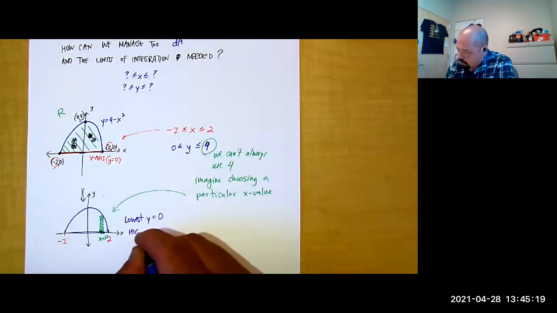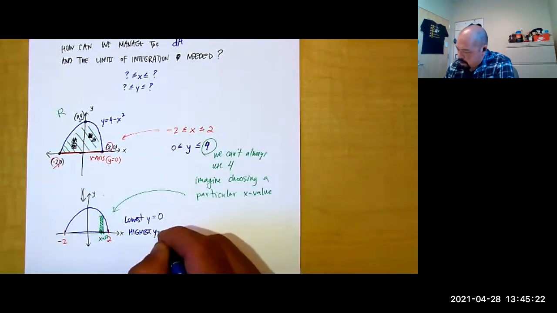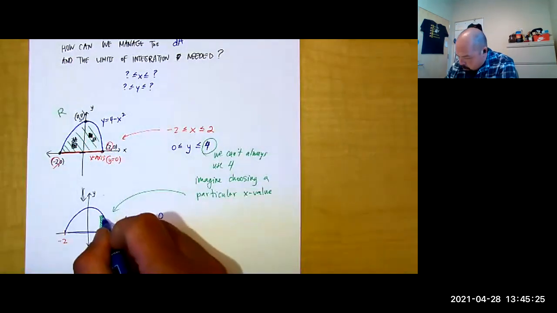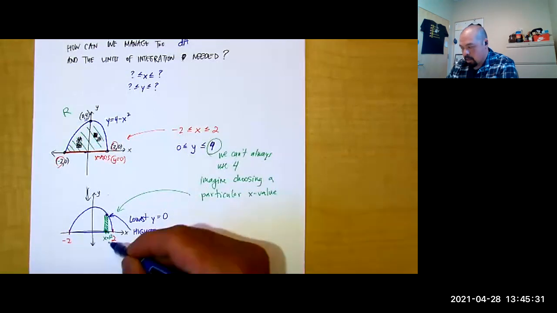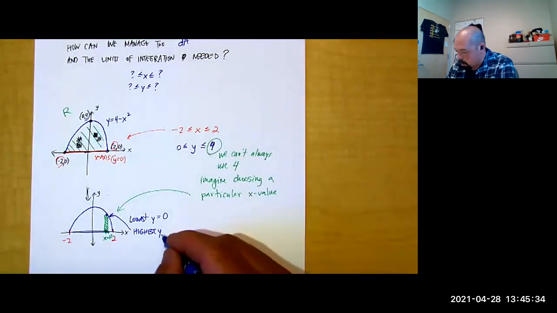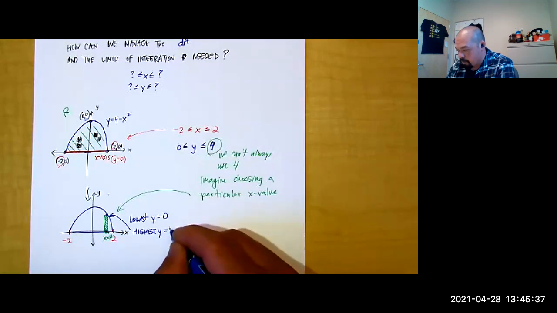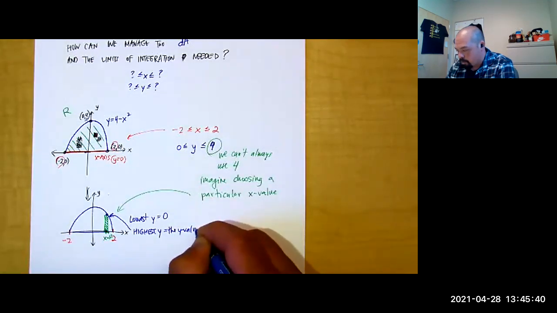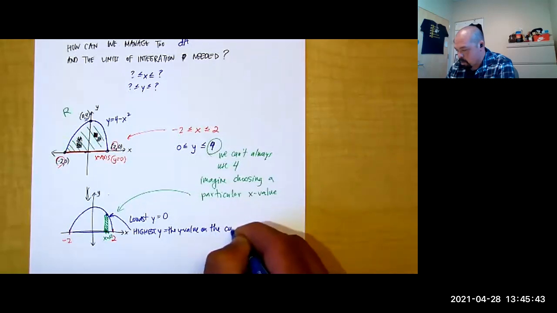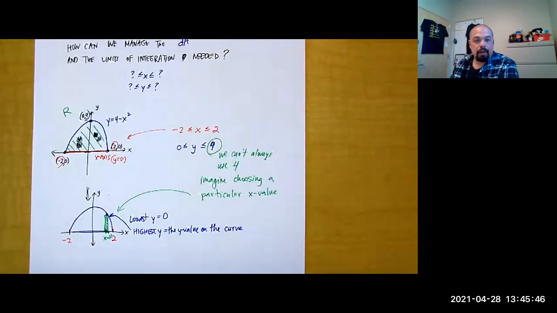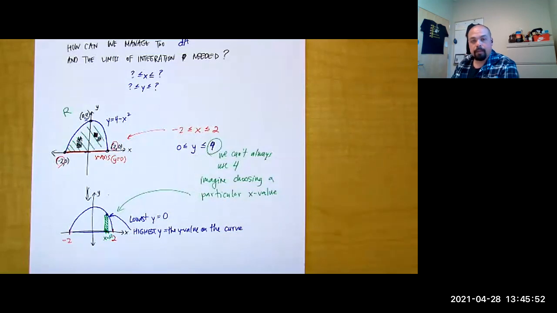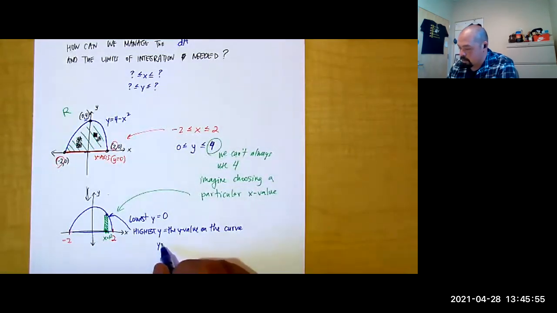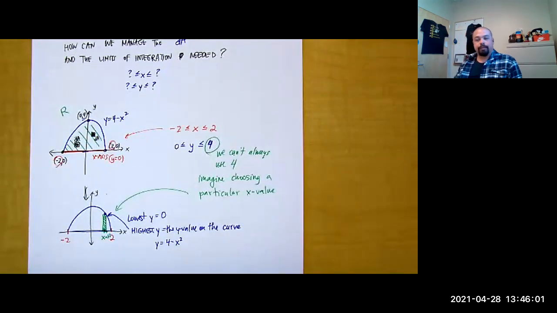But the biggest y depends on what that x value is. The highest y is going to be the y value on that curve. That's the highest that y can go. It's not going to go all the way to 4. So the highest is given by 4 minus x squared. Depending on what our x is, in this case 1.2, you can plug that in and compute.